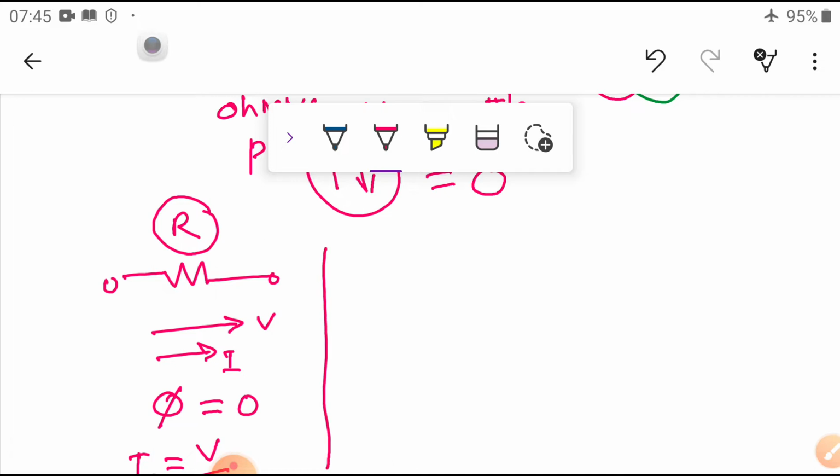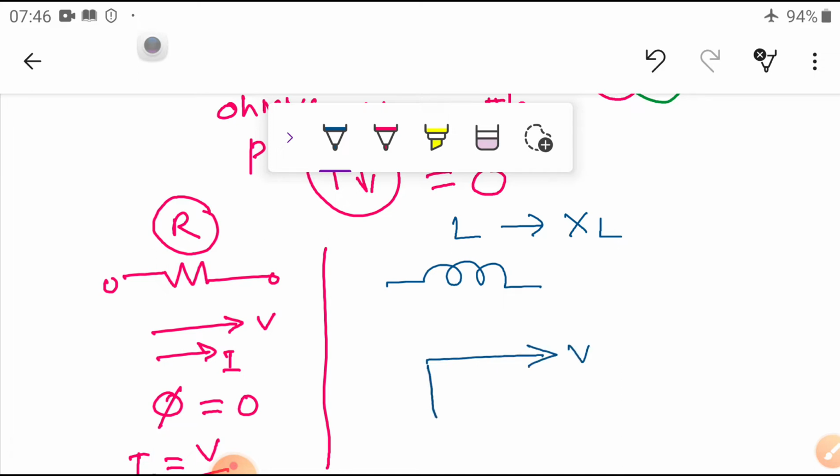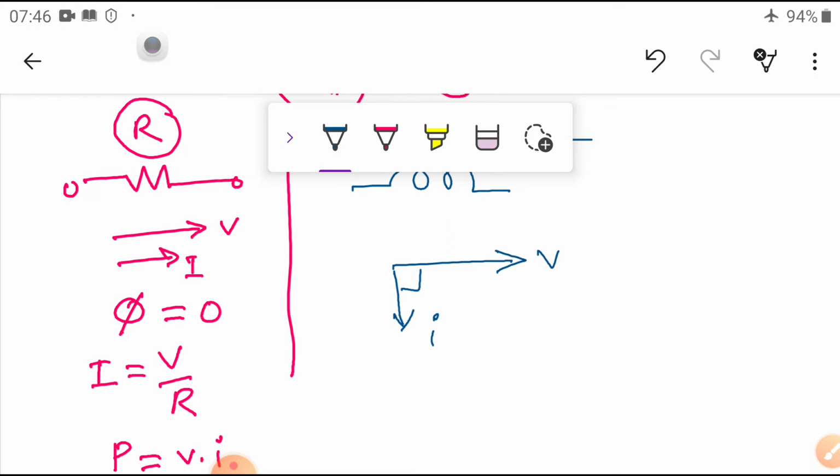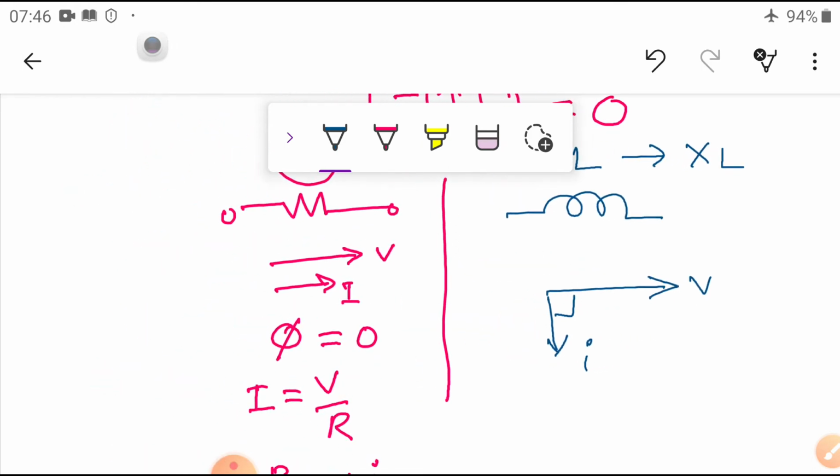Now coming to the other one, that is the inductive circuit. Okay. In this inductive circuit, whatever L is given, you have to convert into XL. Once XL is converted, the voltage is taken as the reference, and the current lags by 90 degrees. This is the I. The phase angle between this voltage and current: the voltage phasor is in this direction, and the current is also in this direction.